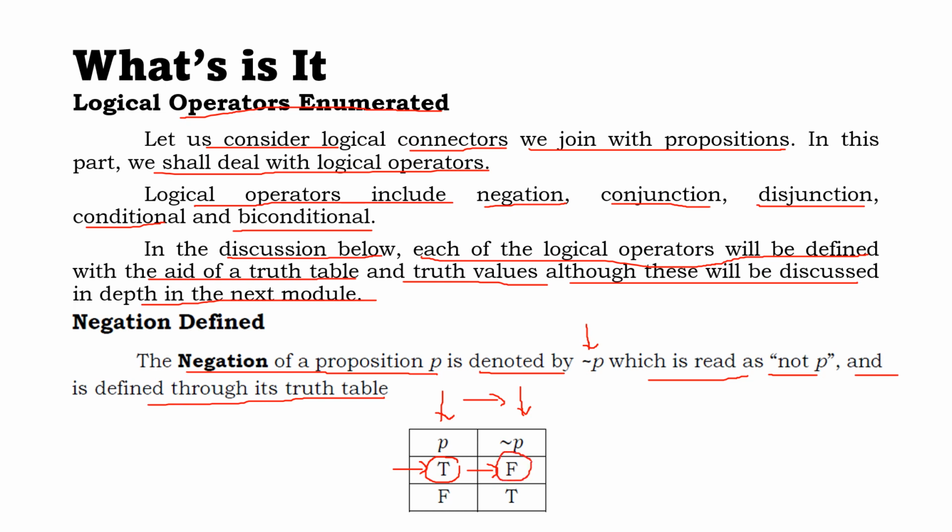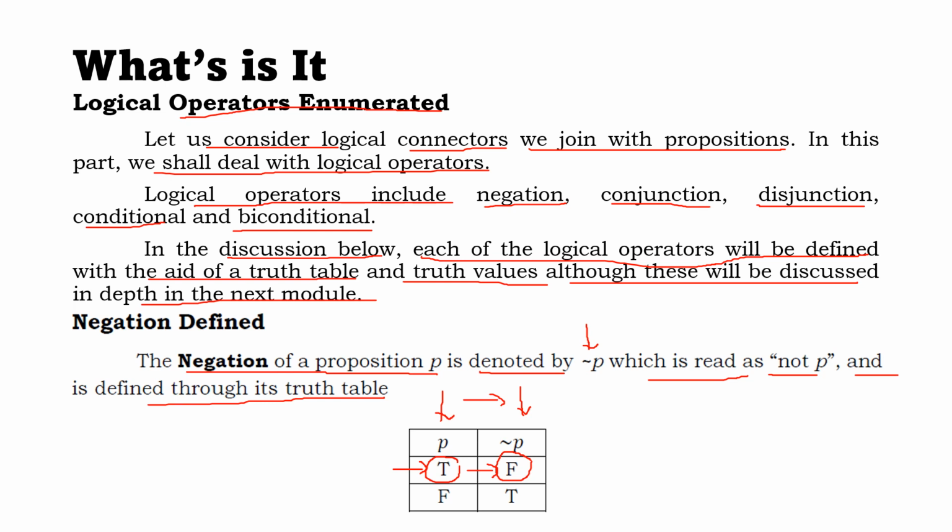Meaning to say, the truth value of the negation of a proposition P is totally opposite of the truth value of your original proposition P.